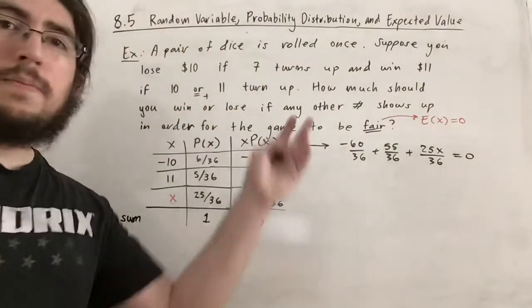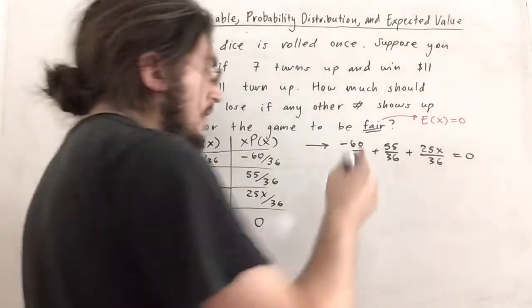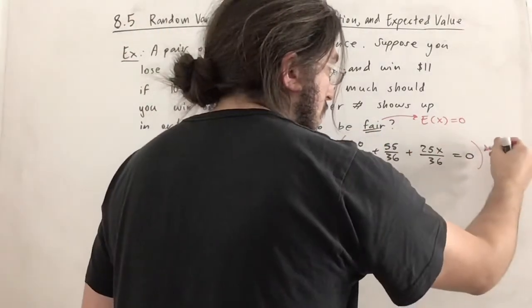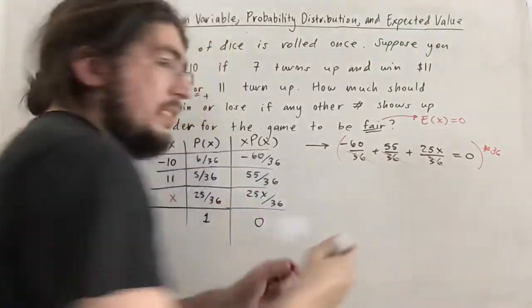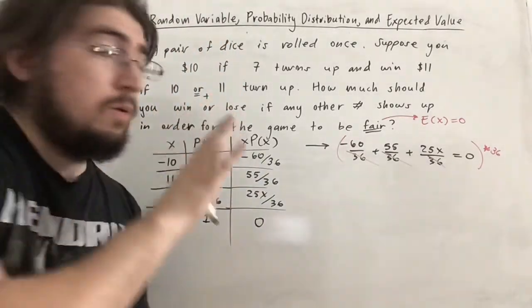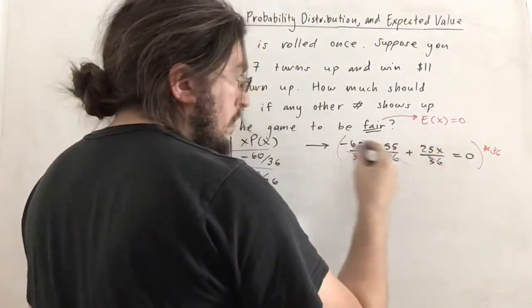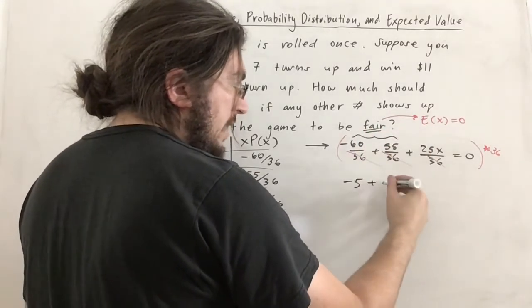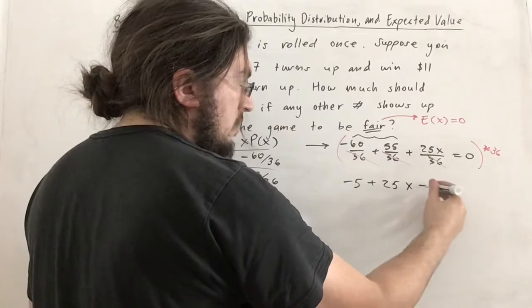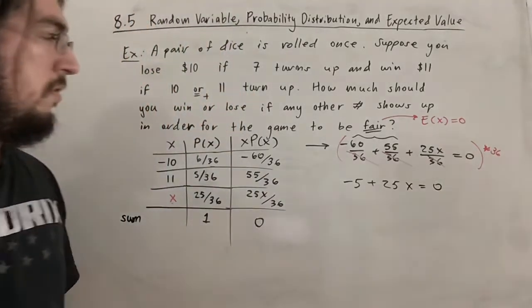Of course, multiplying both sides by 36 will clear the denominators. 36 times 0 is still 0 on the right side. The non-x terms combine in this case to negative 5. So we get negative 5 plus 25x is equal to 0. Good.